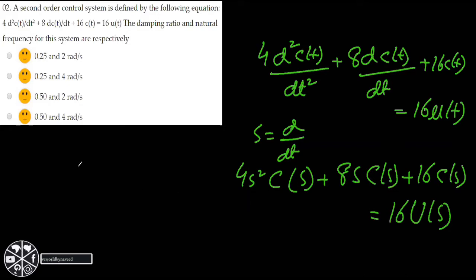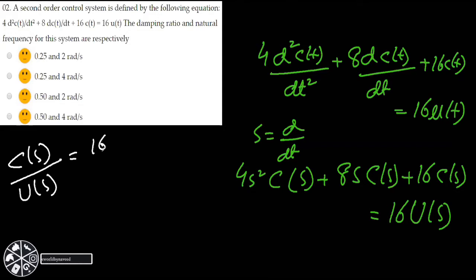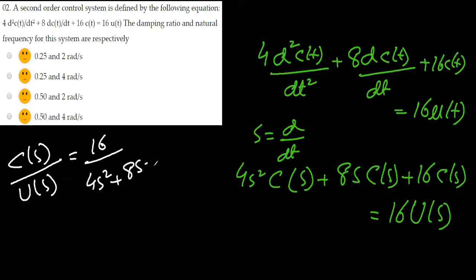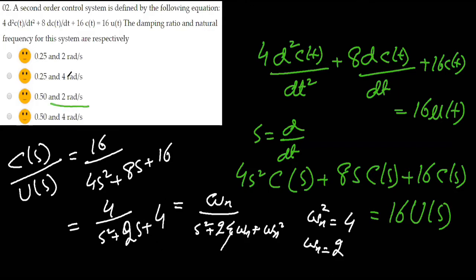So your C(s) by U(s) will be equal to 16 divided by 4 s square plus 8 s plus 16. If you simplify it, that's equal to 4 divided by s square plus 2 s plus 4.